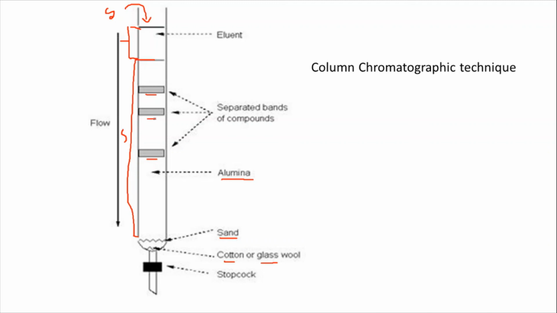So, the flow of migration: 70 percent of the column contains stationary phase, 20 percent contains eluants, and the remaining 10 percent contains sample. This is the usual procedure.